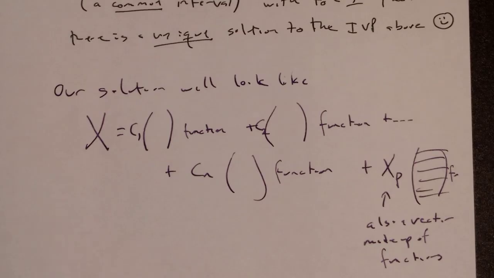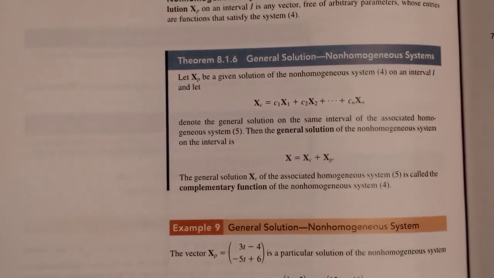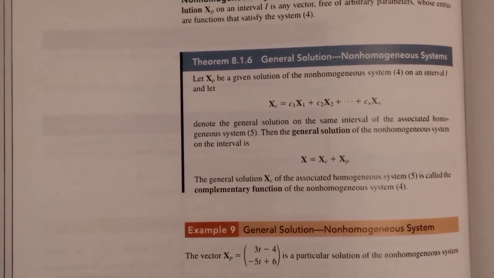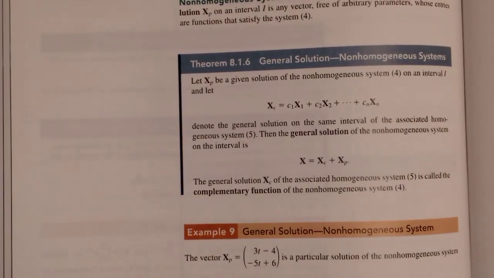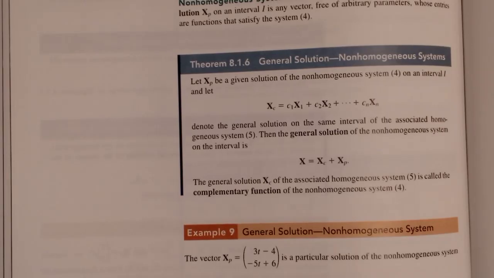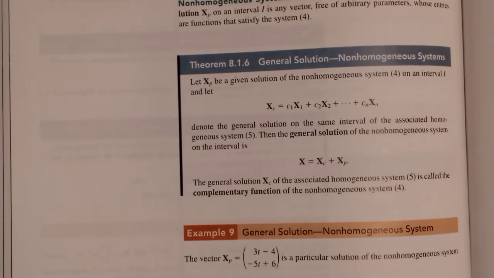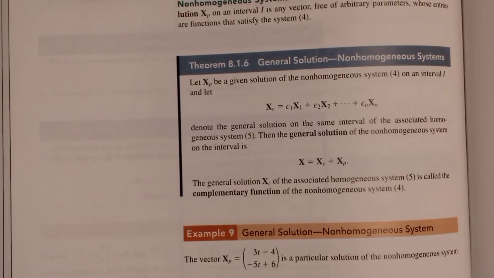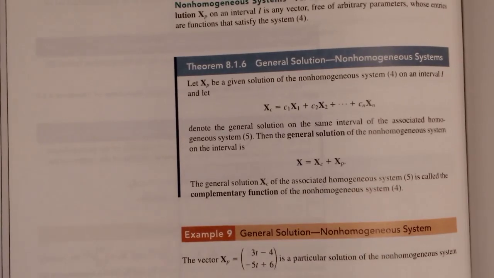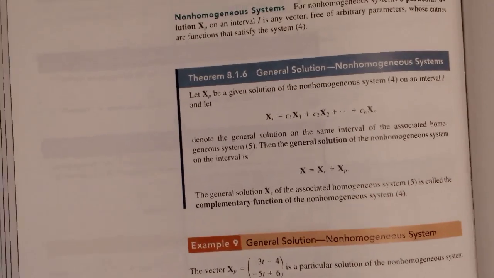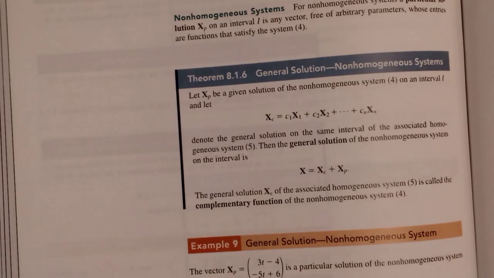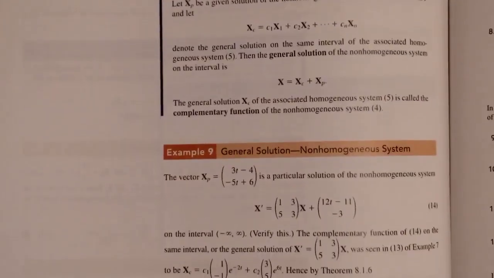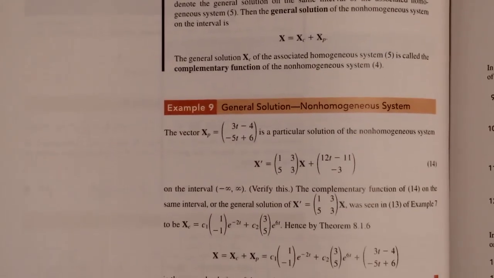Page 352. Here's what our general solution looks like. Number times vector, number times vector, number times vector. All those xc bits, those are from the homogeneous one. And then there's some particular solution. Down here, example 9 gives us a particular setup.